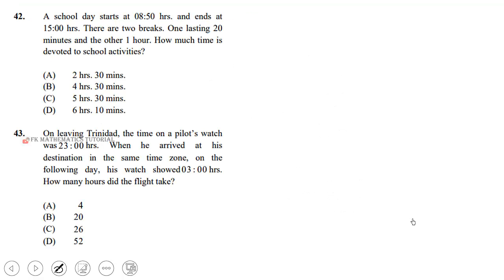A school day starts at 8:50 hours and ends at 1500 hours. There are 2 breaks, one lasting 20 minutes and the other 1 hour. How much time is devoted to school activities?